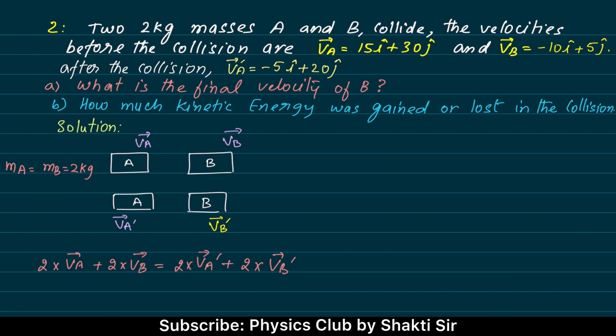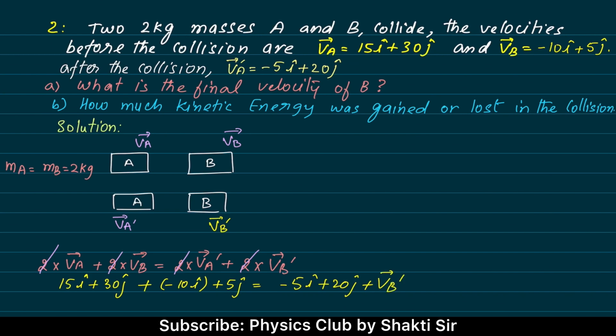So you can easily see here the two terms, these terms can cancel. So we have velocity of A, 15 i cap plus 30 j cap, and velocity of B, which we can write as negative 10 i cap plus 5 j cap, equals velocity of A dash, negative 5 i cap plus 20 j cap, plus velocity of B dash.